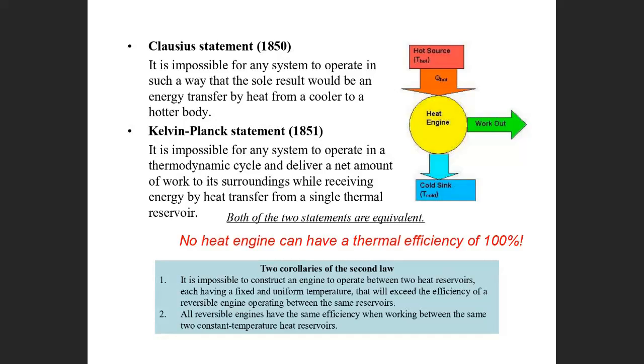And for the Kelvin-Planck statement, for the forward heat engine, similar to Carnot's observation, it is impossible for any system to operate in a thermodynamic cycle and deliver a net amount of work to its surroundings while receiving energy by heat transfer from a single thermal reservoir.